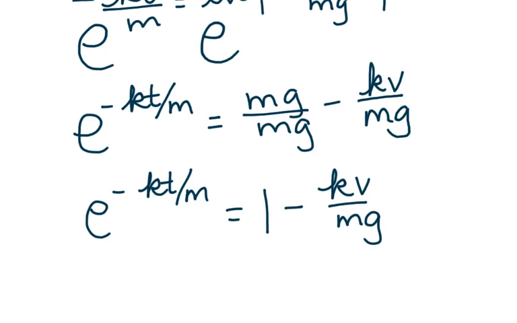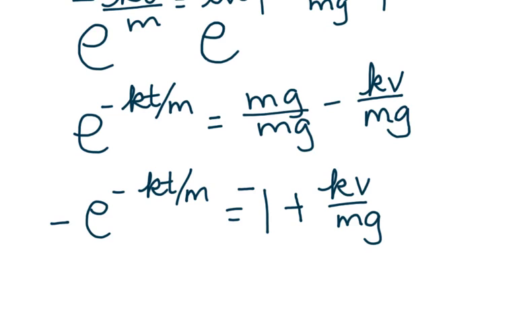Now eventually I want to solve for velocity. That will give me the velocity as a function of time. So I think the next step I'm going to do here is multiply each term by a -1. And when I do that, I get this. And then I'm going to go ahead and add 1 to both sides.